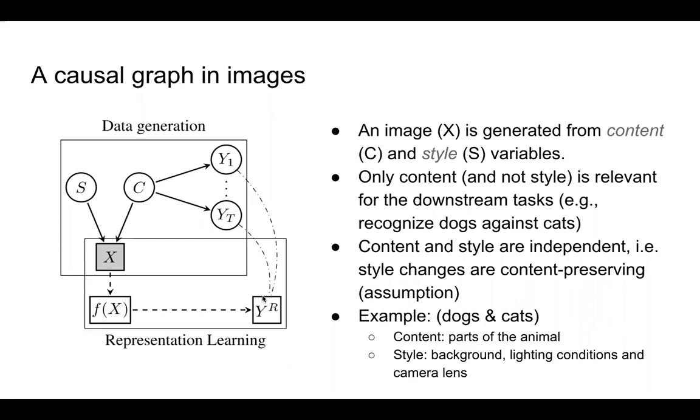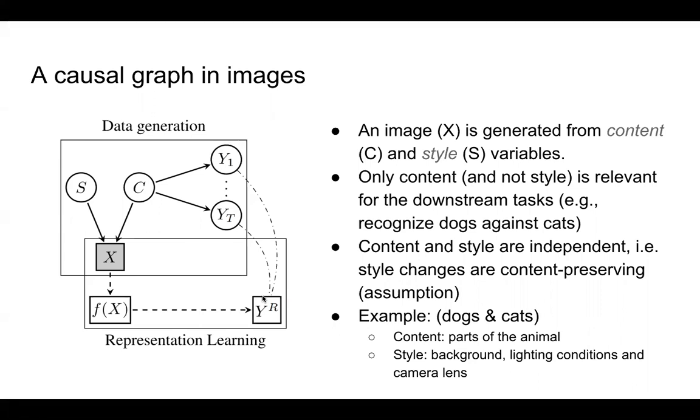So we know that only the content, but not the style, is relevant for our downstream task. Okay, and there is also an assumption in this paper that in image data generation, we assume that the content and the style are independent.